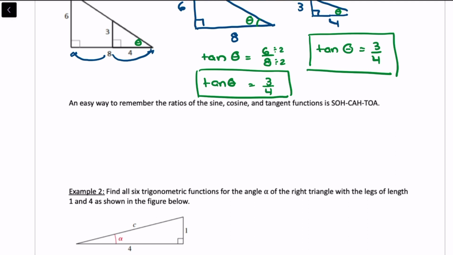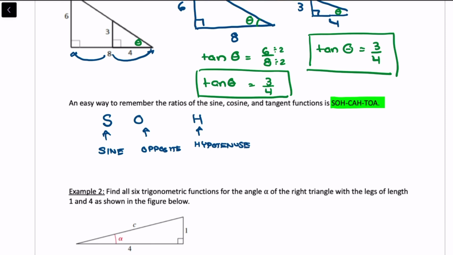And like I said earlier, SOH CAH TOA is an easy way to remember. You just have to remember that the S stands for sine, the O stands for opposite, the H stands for hypotenuse, and when we have CAH, this stands for cosine.